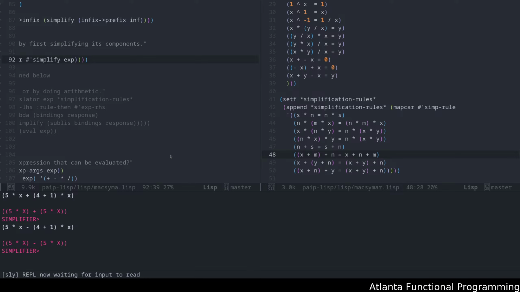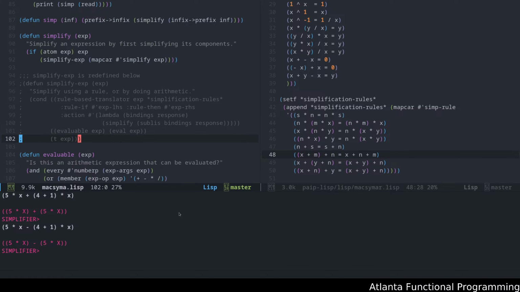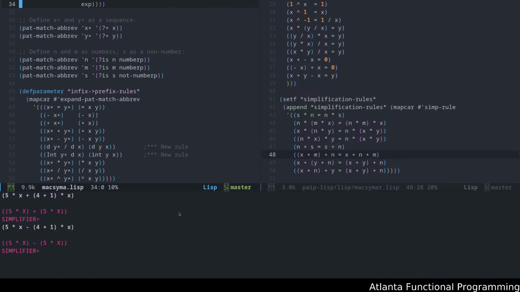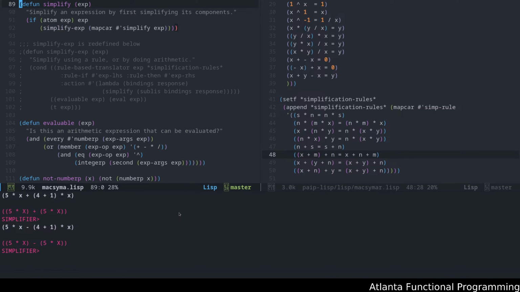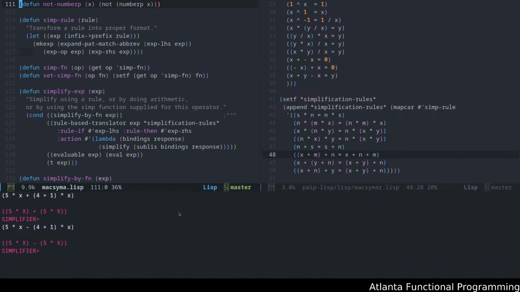If I'm not mistaken, this is already implemented in the rule, let's see here, simplified using arithmetic. This is already encountered, this simplified by function rules.